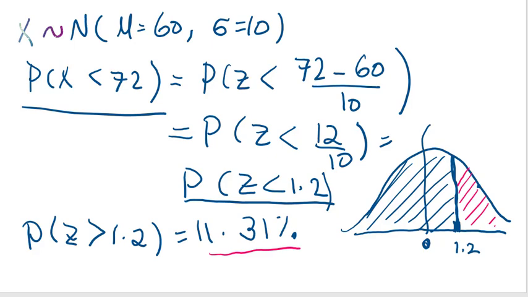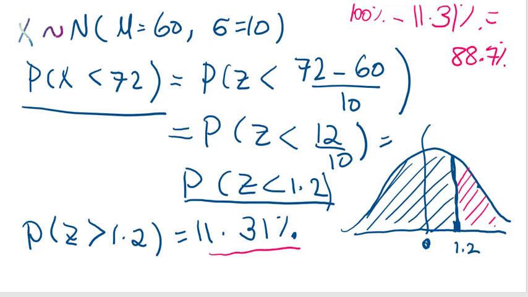We know the area under the curve is equal to 1, or in percent, 100%. So 100% minus 11.31%, that is 100 minus 11.3, will give me 88.7%.